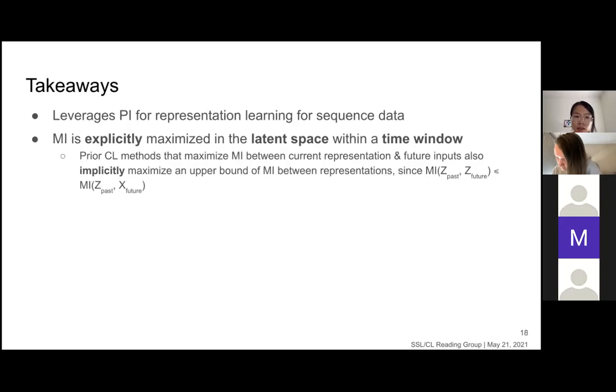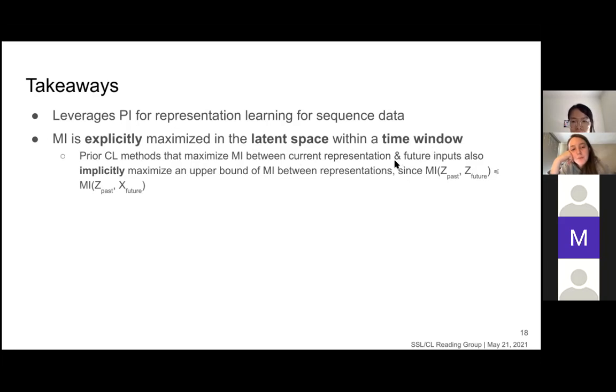And one important difference between the previous CPC methods versus this DAPC is that in this paper, the mutual information is explicitly maximized in the latent space within a time window, whereas previous methods maximize the mutual information between current representation versus future inputs.